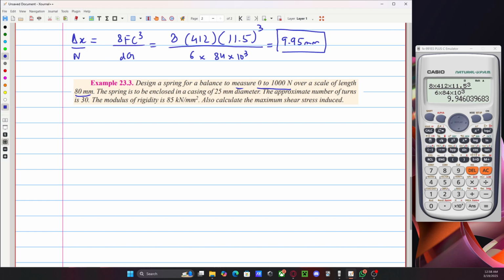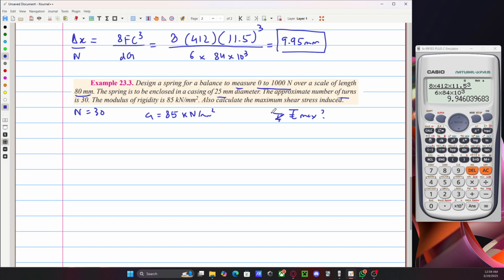It's included in a casing of 25 millimeter diameter. The approximate number of turns is 30, so n equals 30. G equals 85 kilonewtons per millimeter squared, and calculate the tau max.